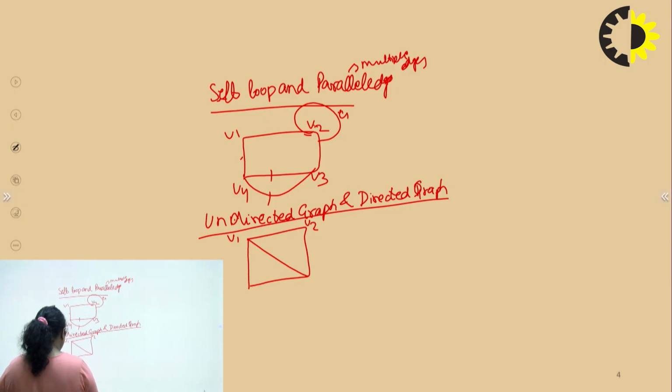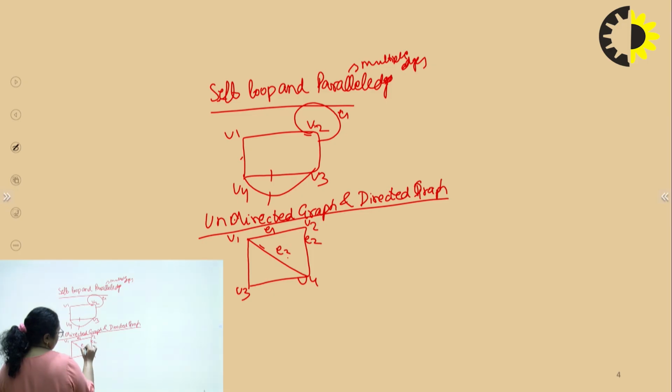Then the graph is said to be an undirected graph. So this is an undirected graph because edges have no direction attached to them.